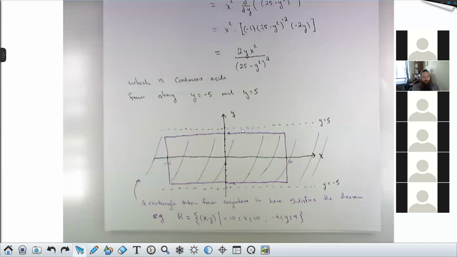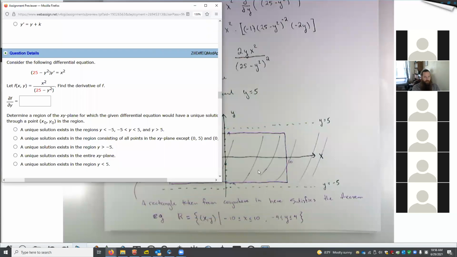As long as we stay away from these two lines, we will have a unique solution. So I could take a rectangle from any region in here, any rectangle between -5 and 5, or up here, or down here. The particular example I chose to fit the theorem happens to lie in this middle region, the -5 is less than y is less than 5 region.